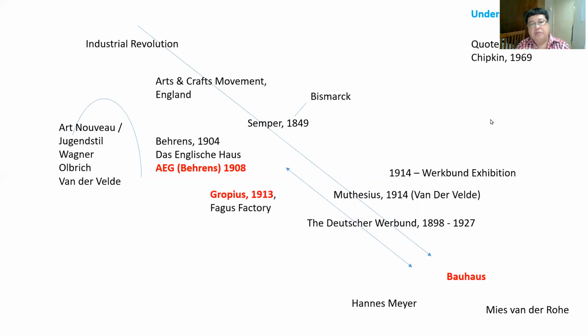Somebody was asked to visit England, and they came up with Das English House, because, as I said about the Garden City movement and the Arts and Crafts movement, there was a lot of innovation in England in the Industrial Revolution.